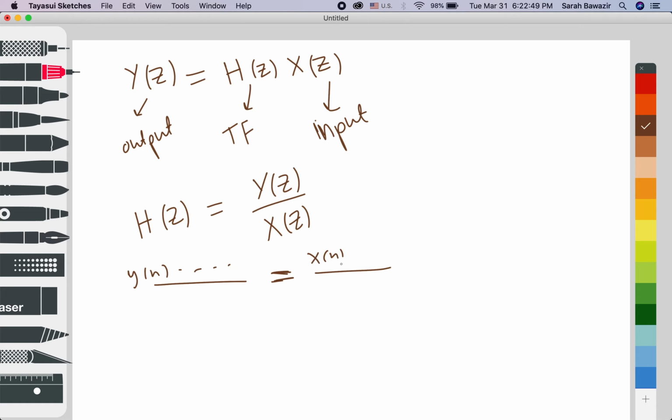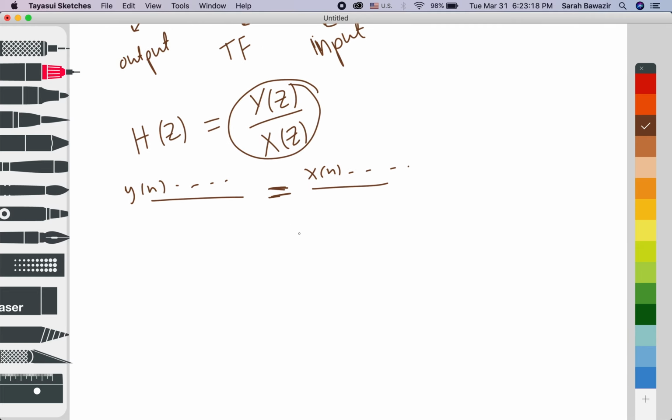What we want is to get the z transform of both sides, the left hand side and the right hand side, and then after we find the z transform, rearrange to get Y of z over X of z. Okay, so let's start.